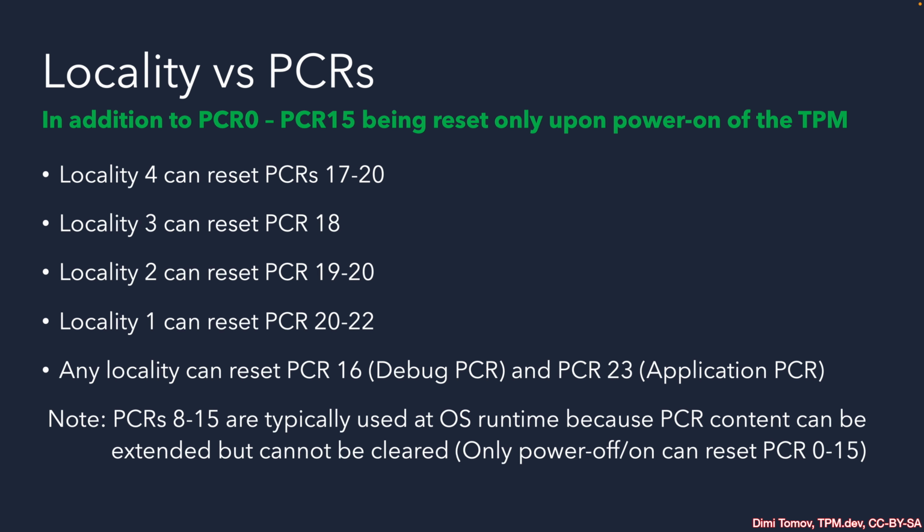We can extend new data, new hash digest, new information, and it is protected until the system reboots. Very important to note also that any locality can reset the debug PCR, PCR 16, and PCR 23, the so-called application PCR. This is what we'll use for our labs.